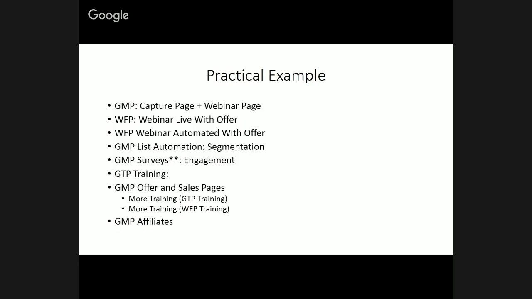You should be using the webinar to drive people to your capture page, driving the capture page to sell your training and engage people, and using your surveys to find out what they want. Does that make sense?